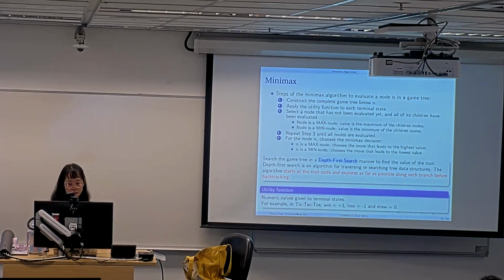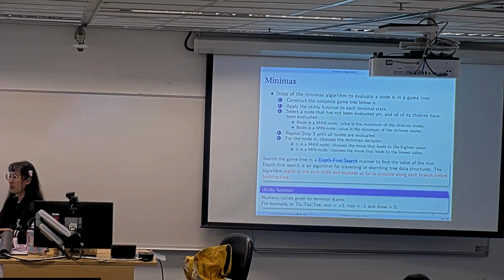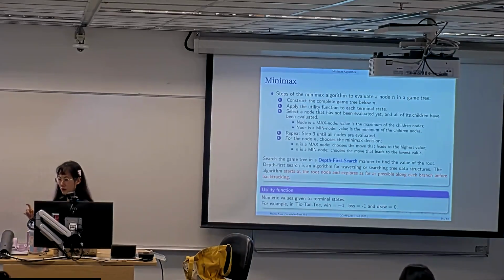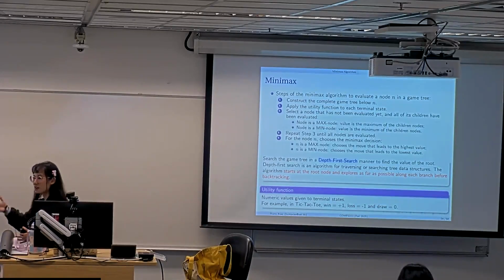Then the value is taken from the maximum of the children nodes. Because it's the max player's move, the max player should choose the move that will lead to the maximum possible value. So that's why its value is taken from the maximum of its children nodes. It wants to choose this move to get a higher score.